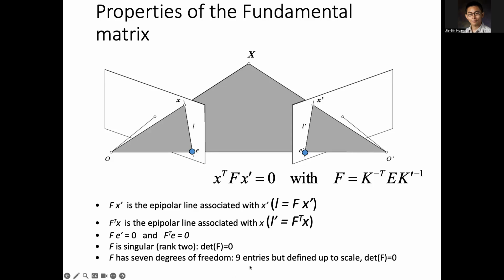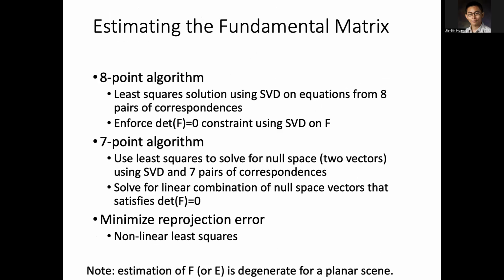But you have 9 entries, though up to scale, because the whole thing equals 0, so you can multiply the whole thing by some scalar. Okay, but it only has 7 degrees of freedom. But usually the popular method is called the 8 points algorithm. So let's see what that looks like.